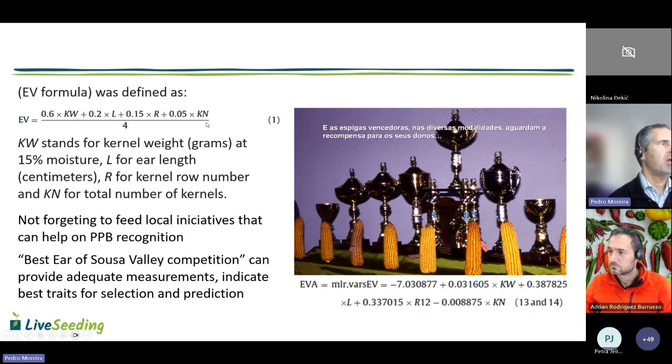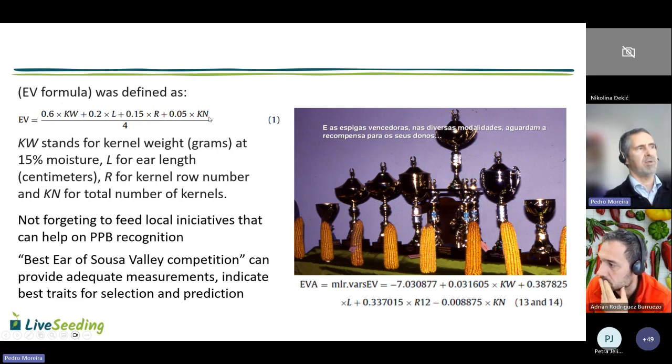However, this formula was based on his scientific knowledge. He selected the kernel weight, the length, the number of rows, and because there was the kernel number in the previous competition, he kept the kernel number.